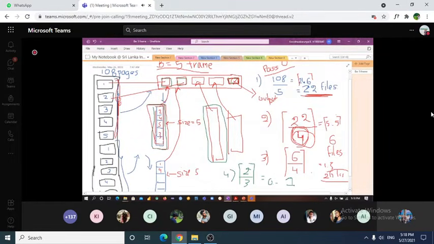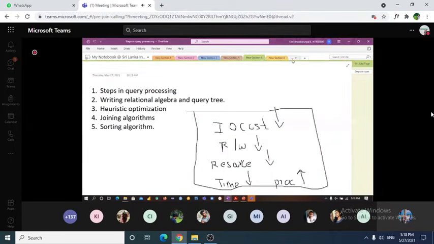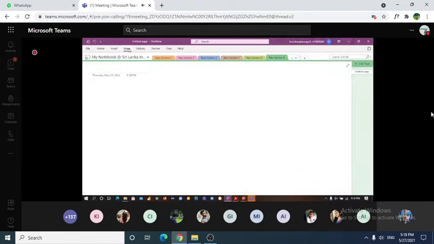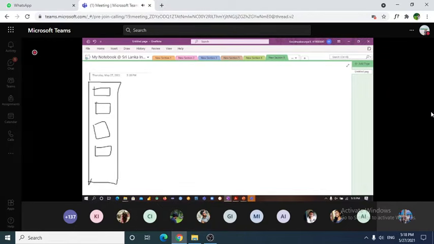There is a table with pages. Say I have 108 pages for an example, and the buffer frames given are 1, 2, 3, 4, and 5. I told you the outer one is booked. Why? Once you sort everything to get the final output, you need 1 frame.